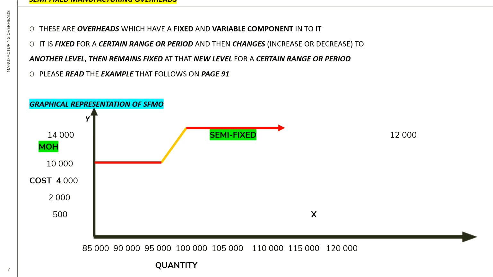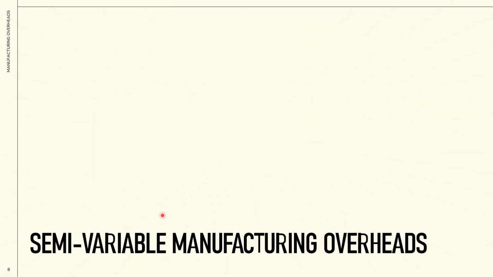Let's go to the semi-variable manufacturing overhead. Remember, we have fixed manufacturing overhead, we have variable manufacturing overhead. We also have semi-fixed manufacturing overhead, and now we're talking about semi-variable manufacturing overheads. Right.